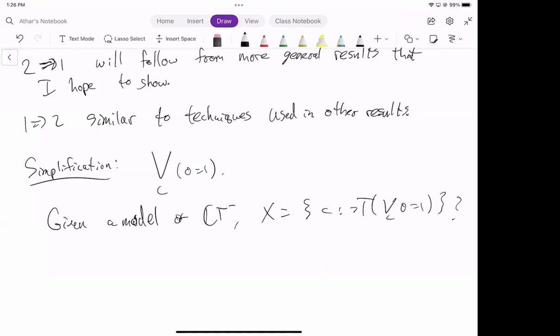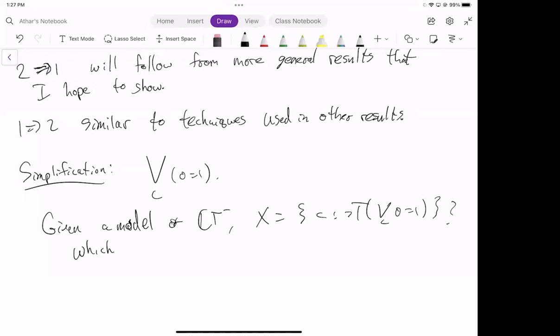What is the set on which the truth predicate is correct on these disjunctions of this one formula, and what is the set on which it is incorrect? So I'll look at the correct side. Which sets X can be realized?